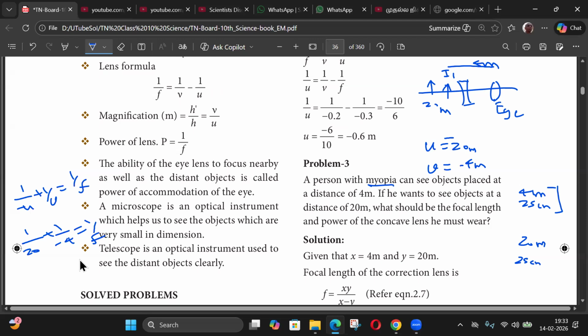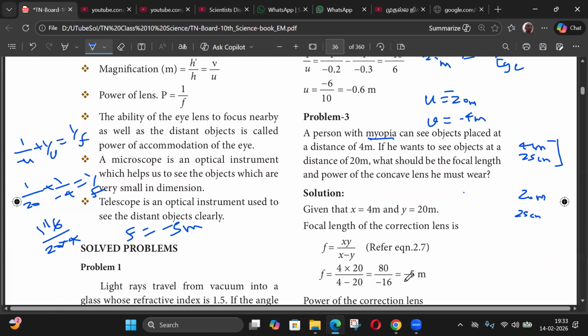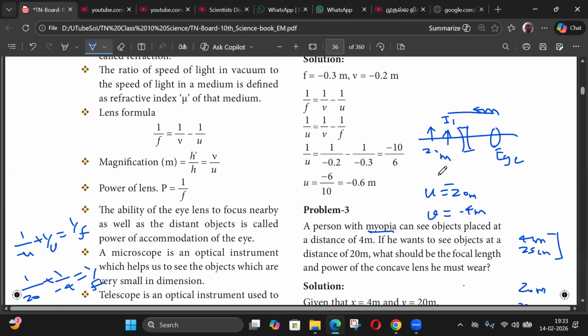So this is 20 minus 4, 16 by 20 into 4. So 4 times, it's 5. So the focal length is minus 5 meters. Otherwise, you can straight away use this formula, but this is the logic.